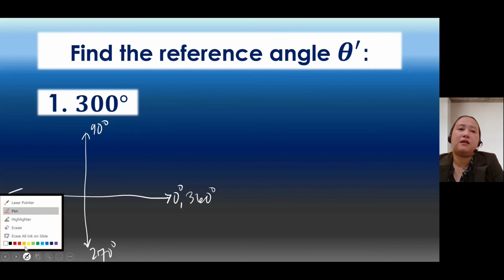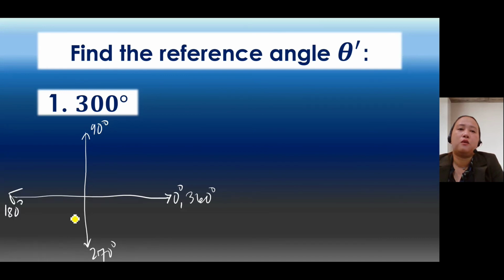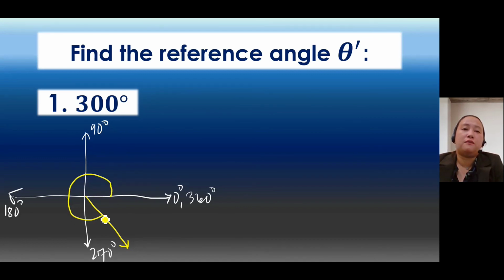Graphing the 300, it is actually in quadrant 4. So we have it here. You just use a protractor so you can have the accurate measurement, the exact measurement.